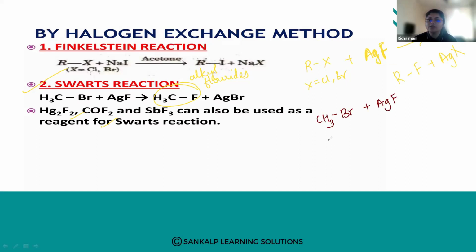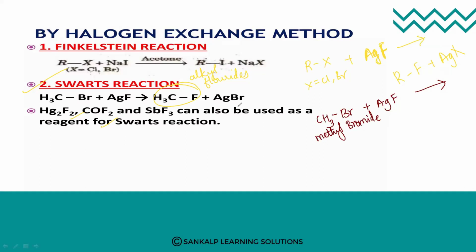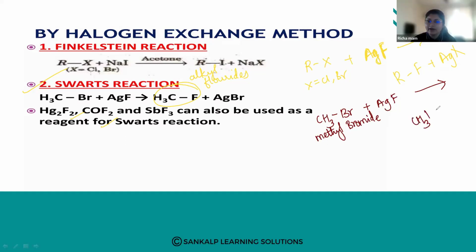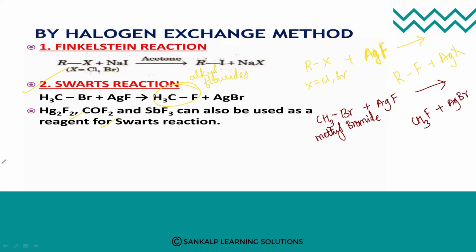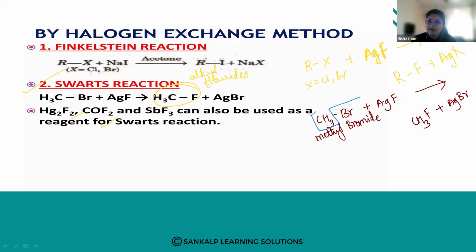What will be the product? CH3F plus AgBr, silver bromide. CH3 will combine with F, and AgBr is formed. So methyl fluoride is formed. This is the Swarts reaction.